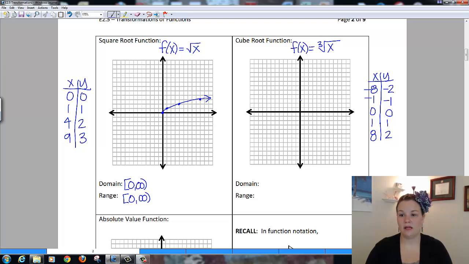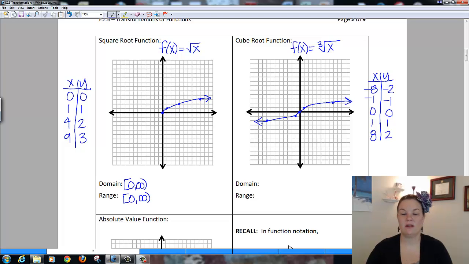So I'm going to go ahead and plot these. At negative 8, I'm down at negative 2. At negative 1, I'm at negative 1. At 0, I'm at 0. At positive 1, I'm at positive 1. And out at 8, I'm up at positive 2. Okay. So notice this one also makes the little whoosh, but my whoosh is sideways.